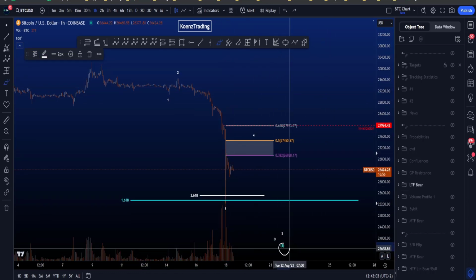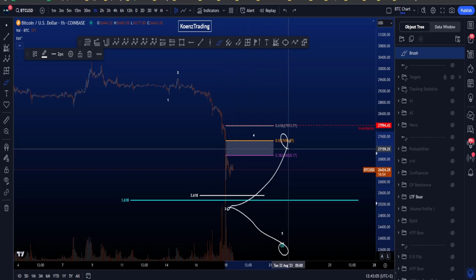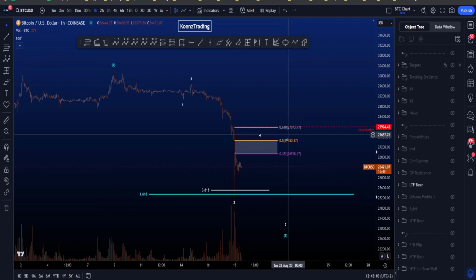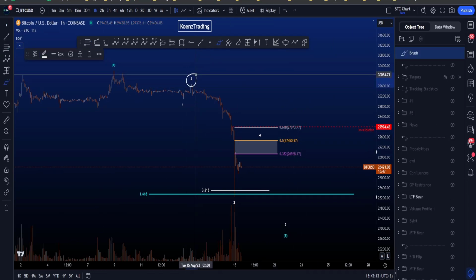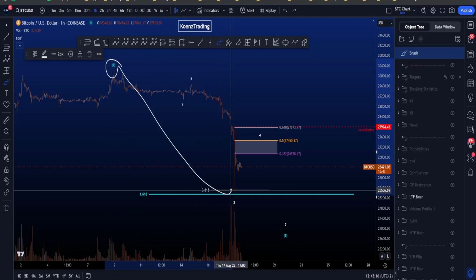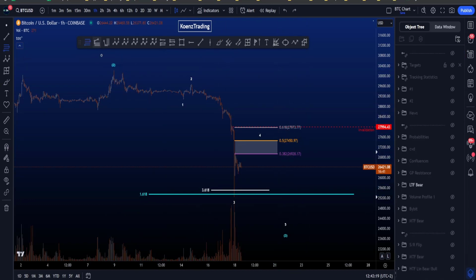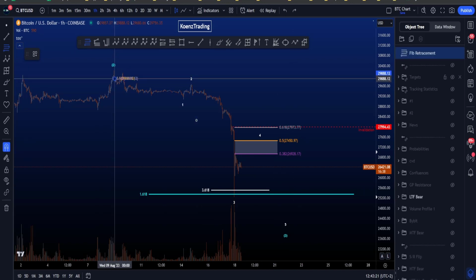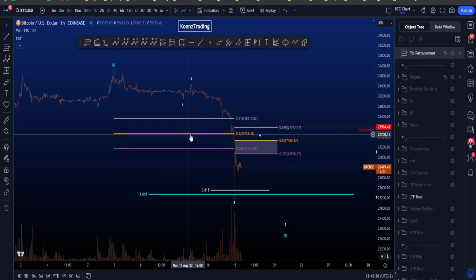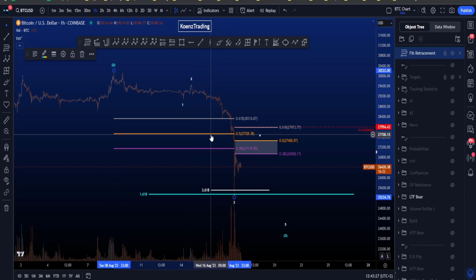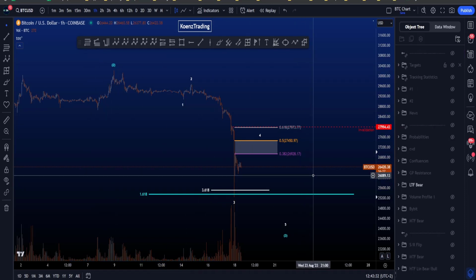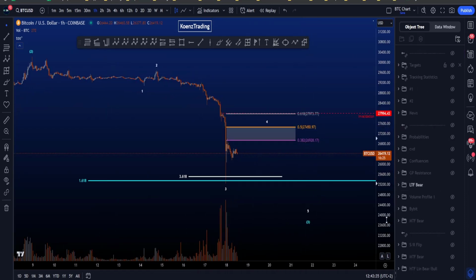So then we have the blue 3 ending over here, currently working on a blue wave 4, which means that the Fibonacci pull is different, because these fibs that you see on the chart are pulled from the white 2 to the low over here, but then you have to pull it from the blue 2 to the low, which means that all the levels go up just a little bit, as I can show you over here, taken from the high to the low. Of course, I need to select the right high. And as you can see, the levels are just a little bit different. The 382 and the 0.5 are a little bit higher, but as it stands now, this is not the case. We are still ranging below the 0.5.